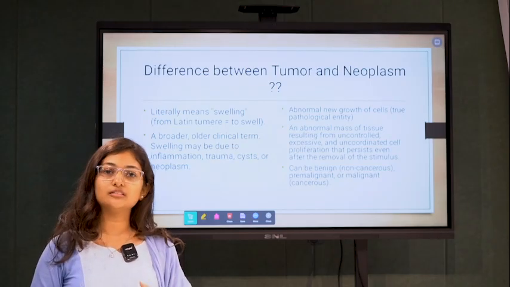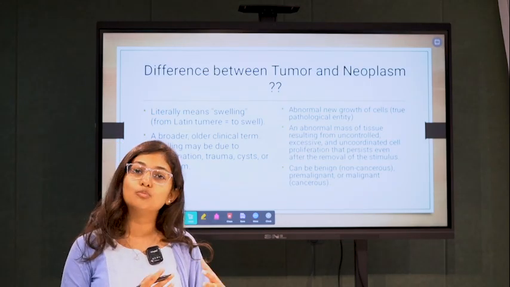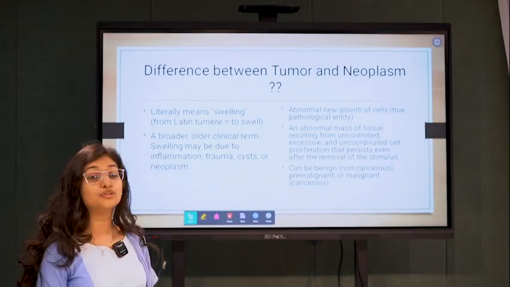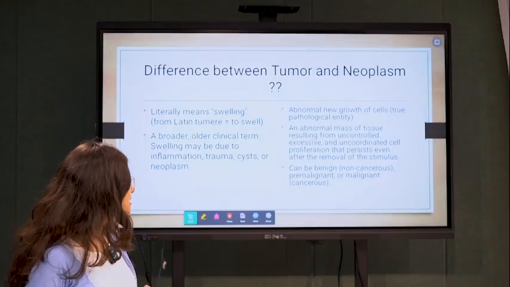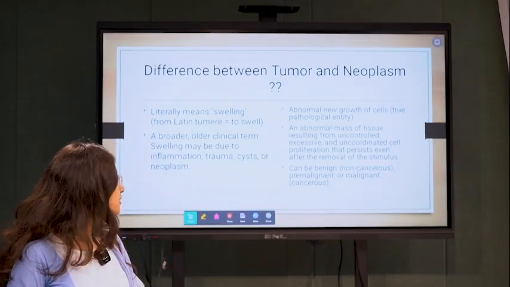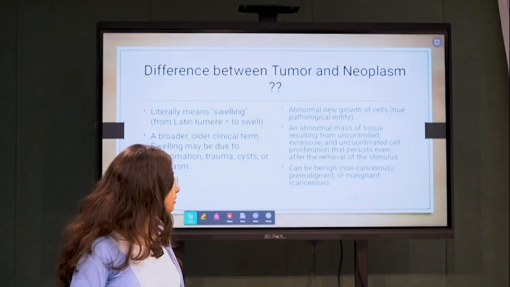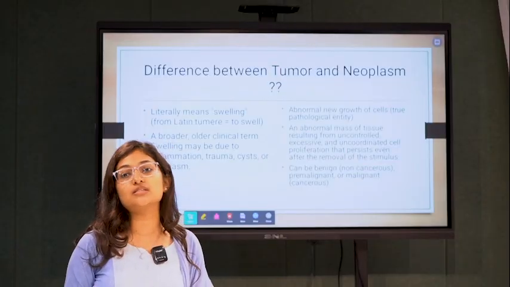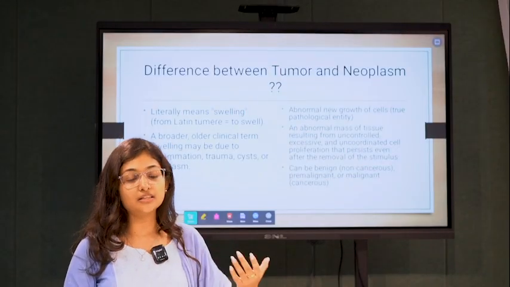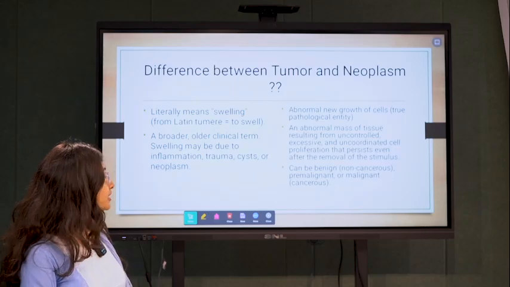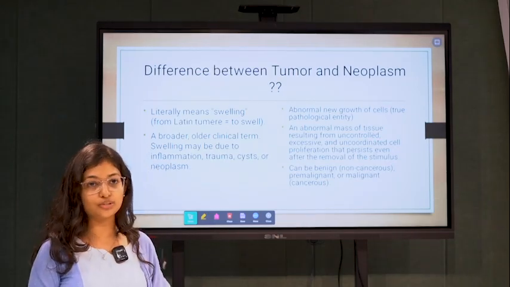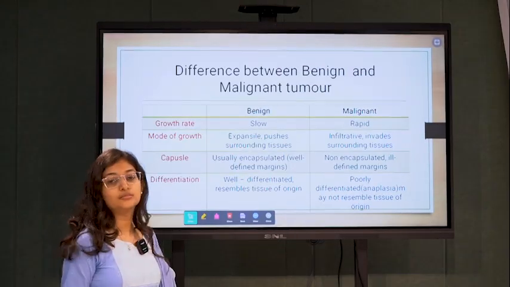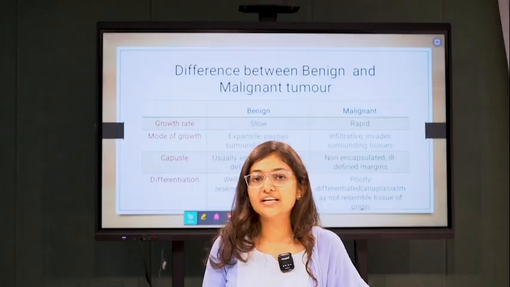So the tumor is a wider term than neoplasm, because neoplasm is an abnormal new growth of cells, an abnormal mass of tissue resulting from uncontrolled, excessive and uncoordinated cell proliferation that persists even after the removal of stimuli. So in case we remove the stimuli, the neoplasm continues to grow. It can be benign, pre-malignant or malignant. So neoplasm can be of three types. The main terms are benign and malignant.